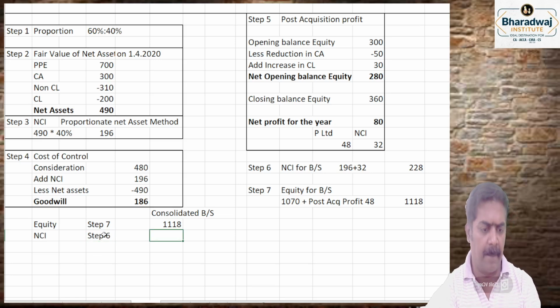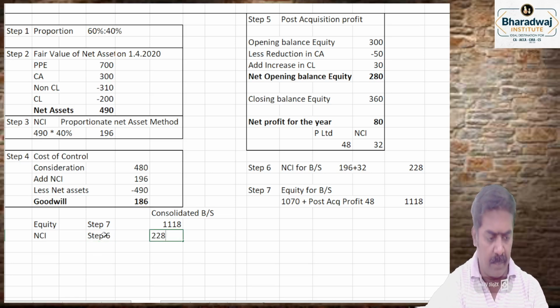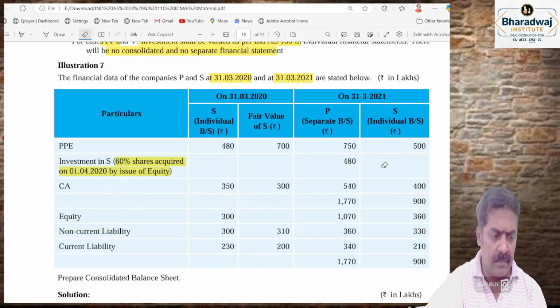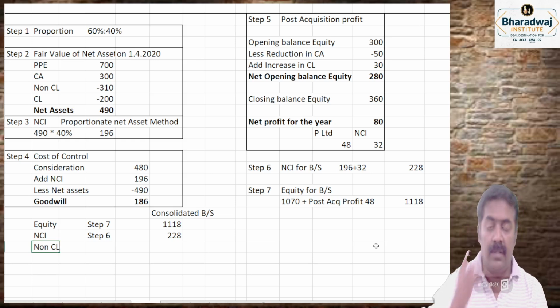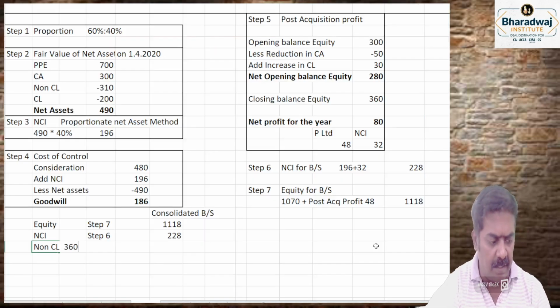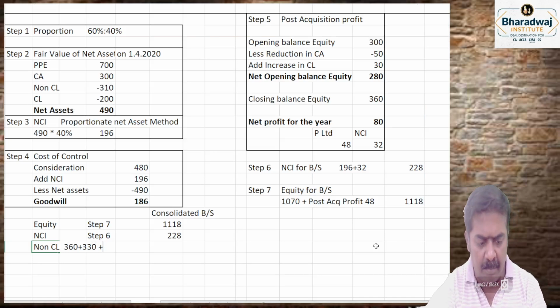Step 6. Then non-current liability. Non-current liability, be careful. 360 plus 330 plus revaluation 10.